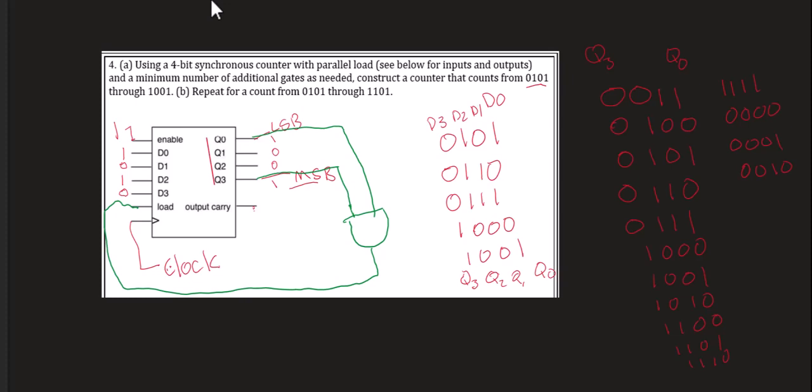Because the first time both of those are 1 is when I've gotten to 1001, and when I attach that to the load, then that will tell it to reload these numbers and it'll start over.